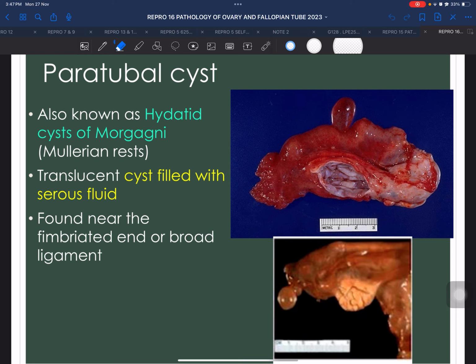Primary adenocarcinoma of the fallopian tube, so the malignant neoplasm of the fallopian tube, is usually of an epithelial type, usually of a serous or endometrioid histological type. They are much less common than ovarian tumors, okay, but seen in patients who have BRCA mutations as well.